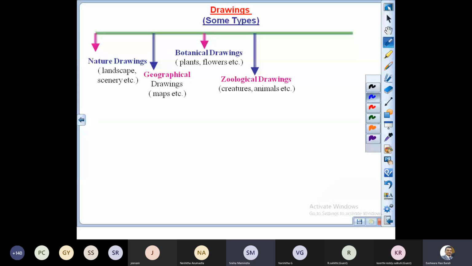Giraffe. You know all that. The wild animals and the pets. Now see here how a dog can be represented. This is how a dog can be, isn't it? And that will show the exact shape and all other things.